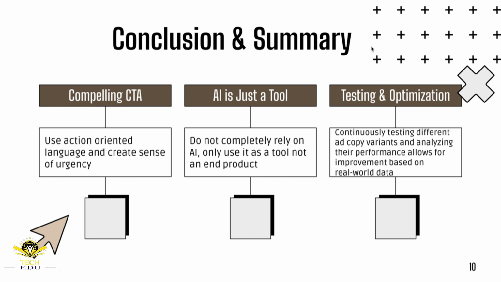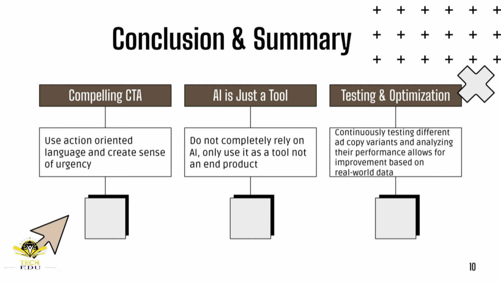Let's move on to the last one here: testing and optimization. Continuously test different ad copy variants and analyze their performance for improvement based on real-world data. Especially if we're talking about a social media marketing agency where you're going to be creating ad copies and running ad campaigns for your clients, testing and optimization is going to be very essential because your clients are going to pay you, but at the same time you need to deliver the best quality work possible to your clients, right?